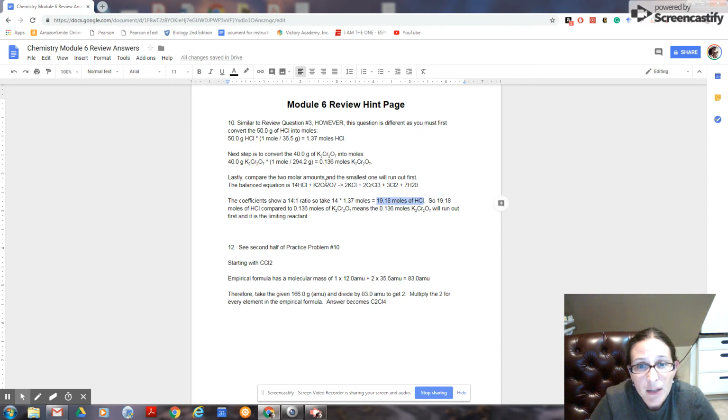Now, the K2Cr2O7 is just a 1 in front of it here, so this is your final answer, the 0.136 moles. So which one is smaller? The smaller one, obviously, is going to run out fastest. That is the K2Cr2O7, because 0.136 is much smaller than 19.18.